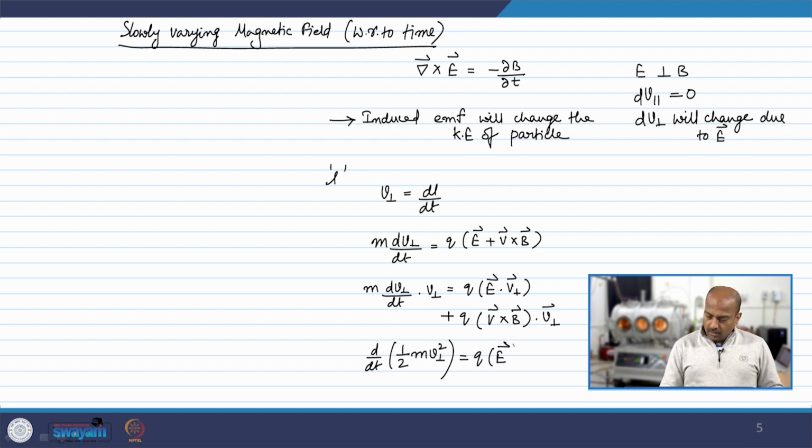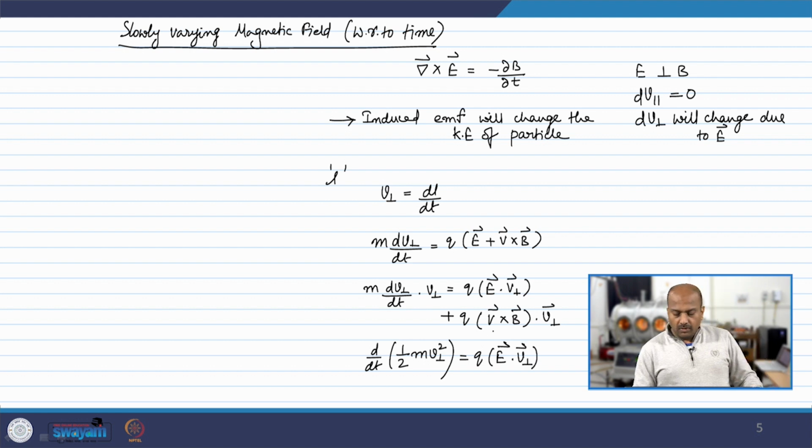E dot V perpendicular. You see this V cross B dot V perpendicular, this has to be 0, right? Divergence of curl will be 0.